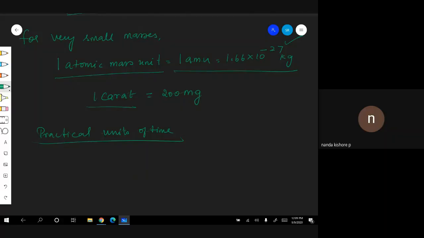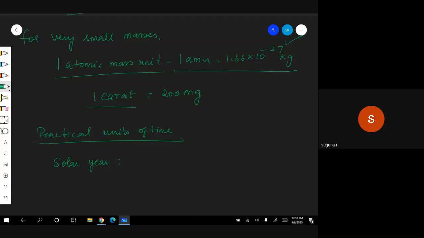Seconds, hours, minute, year, solar year, solar day, lunar month. Solar year is 365 1/4 days, that is 365.25.